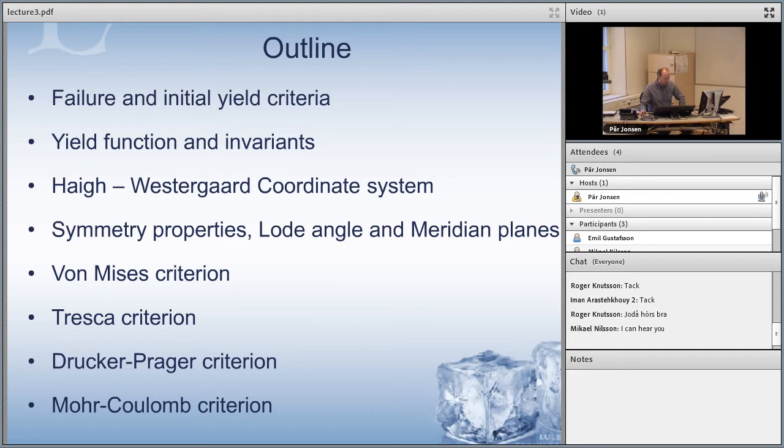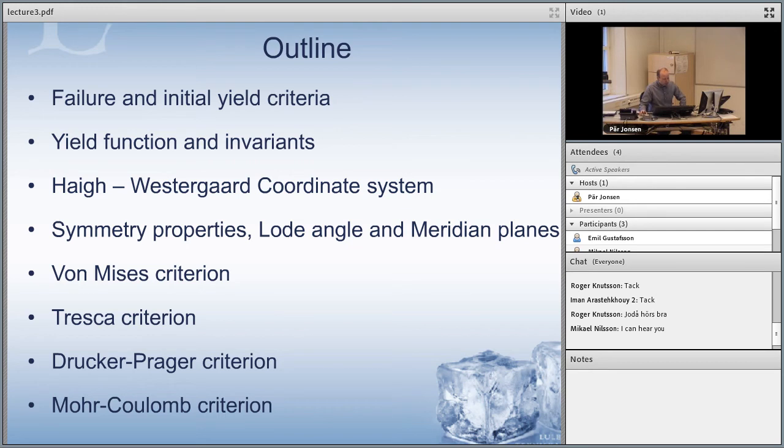Then we're going to look at some of the most common models. We start up with the simplest one, the von Mises model, which is the one that is mostly used for modeling today, especially in the steel area. The first plastic model that you get familiar with. Then we have another one called Tresca criteria. It's quite an old model, but still useful, especially for steel material.